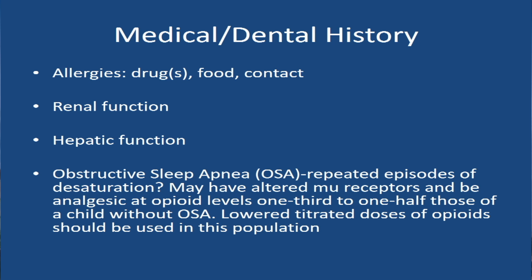This is important to know, that if a child has obstructive sleep apnea, then they may be taking some medications that are utilized regularly on the mu receptors in the GABA system, and if so, they may be sensitized to these drugs, and if you add a sedative drug in the normal ranges that you normally employ, then you may overdose these patients, because 1/3 to 1/2 of those children, without sleep apnea, do much better than those who have been exposed to multiple episodes of their analgesia.